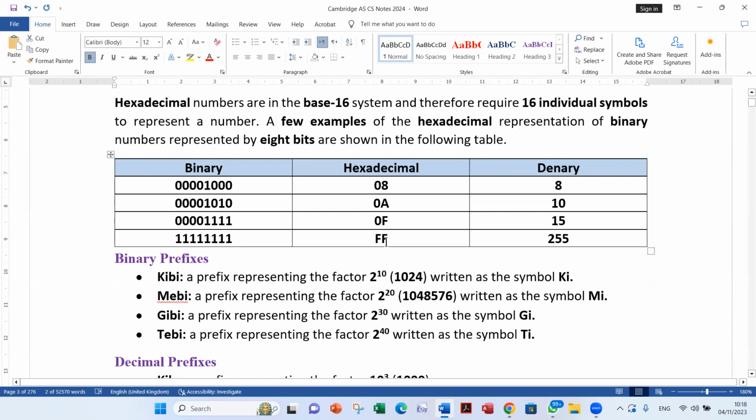You should be able to work out these examples really fast. For example, binary 0000 1000. If you'd like to change it into hexadecimal, you split it into two parts. The four zeros will be represented here as 0. The 1000 is represented here as 8.